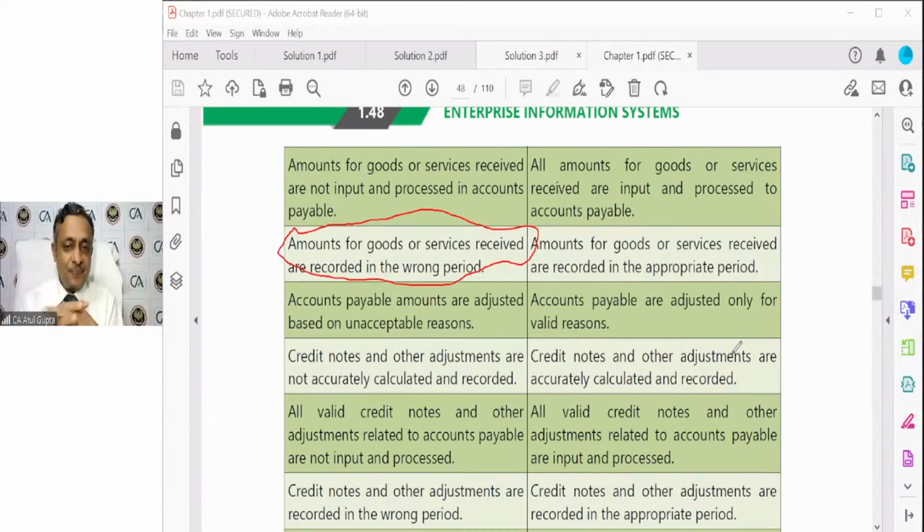I'm giving you a hint. If this mistake happens, in which part of the substantive procedure of the audit is it caught? Which part of the substantive audit procedure would have captured this error? So it must be recorded correctly.